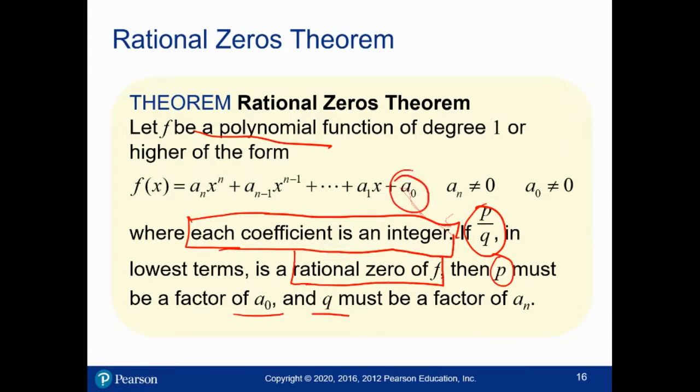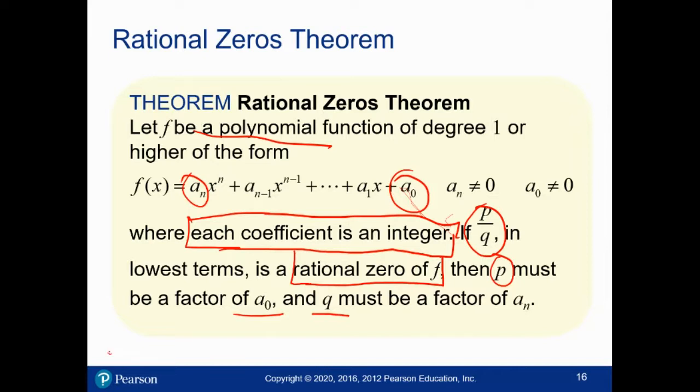The denominator must be a factor of the leading coefficient. If every coefficient is an integer and a fraction is a root, the numerator must be a factor of the constant term, and the denominator must be a factor of the leading coefficient.